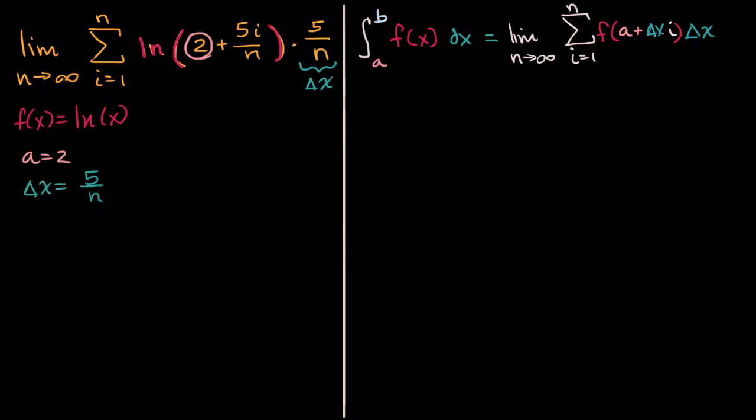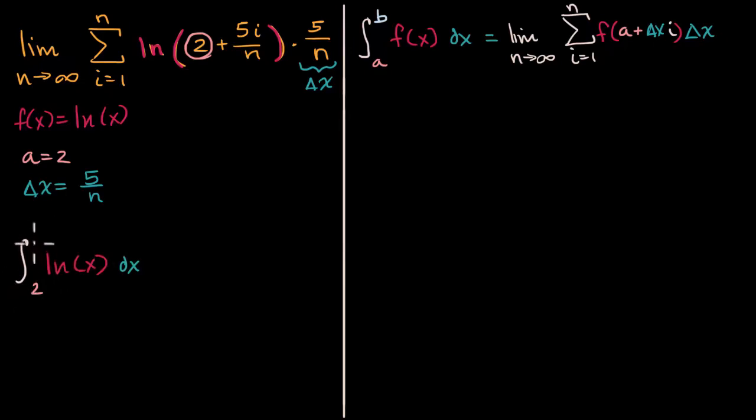So what can we tell so far? Well, we could say that this thing up here, the original thing, is going to be equal to the definite integral. We know our lower bound is going from 2 to, we haven't figured out our upper bound yet. We haven't figured out our b yet. But our function is the natural log of x, and then I will just write a dx here. So in order to complete writing this definite integral, I need to be able to write the upper bound.